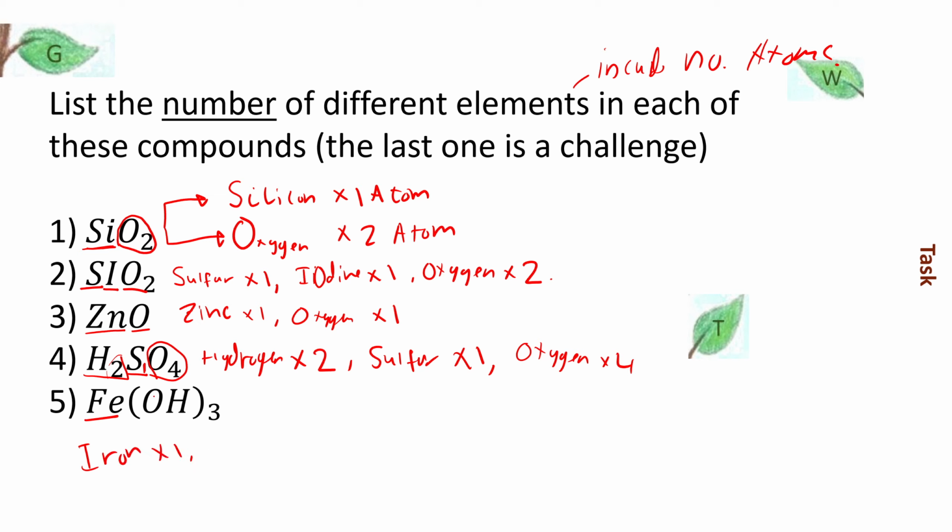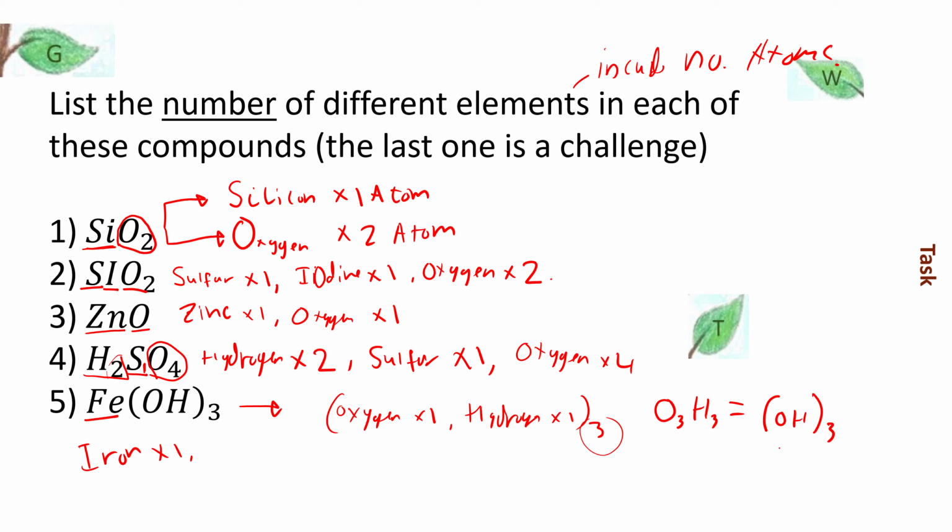Now here, normally this would be oxygen times 1 and hydrogen times 1. But if you notice, they're in brackets and they've got a little 3 next to it. So this is basically multiplying everything in here by this number. Instead of writing O3H3, we write it like this.